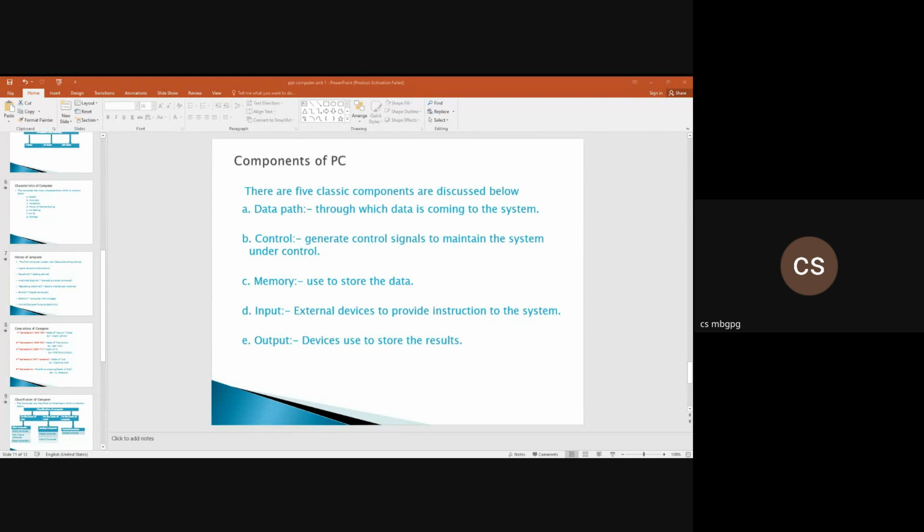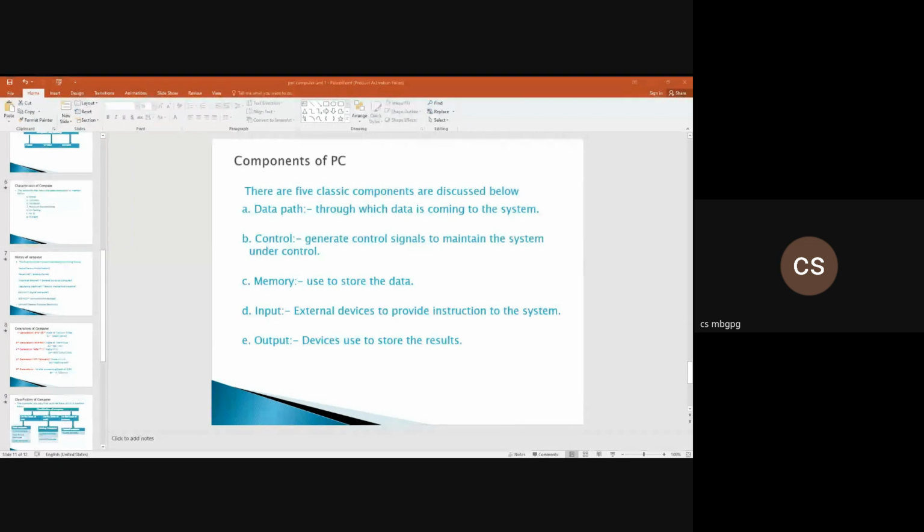This CPU consists of the control unit, arithmetic and logic unit, and registers. The control unit controls the execution of instructions by decoding the instructions and generating micro operations to be performed. It controls all the functions.